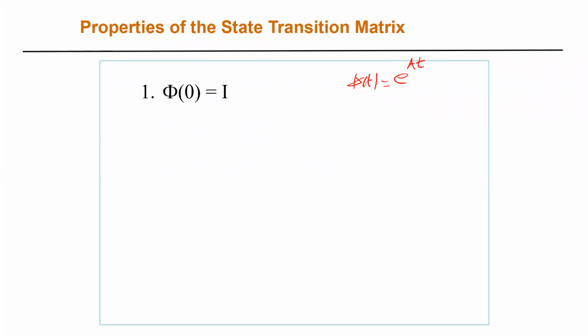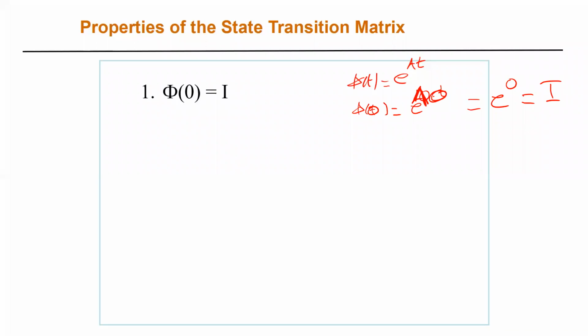The first property: if I substitute t equal to 0, I will get an identity. So clearly, e of A times 0 is e to the 0, and it's a matrix, so it's identity.